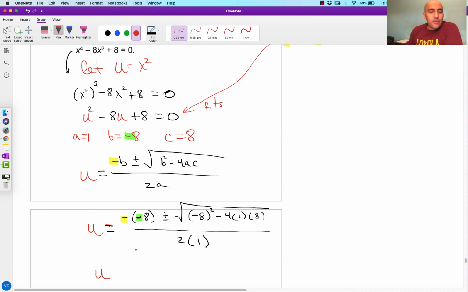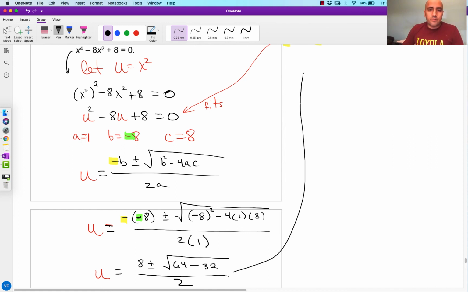So I'll get that u is equal to 8 plus or minus the square root of, and then (-8) squared gives you a 64, and then 4 times 8 is 32. All of that gets divided by a 2. So let's put this up here.